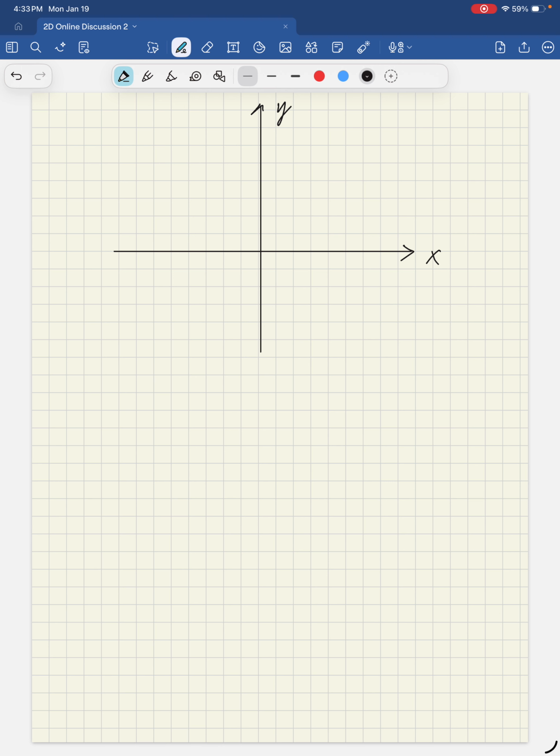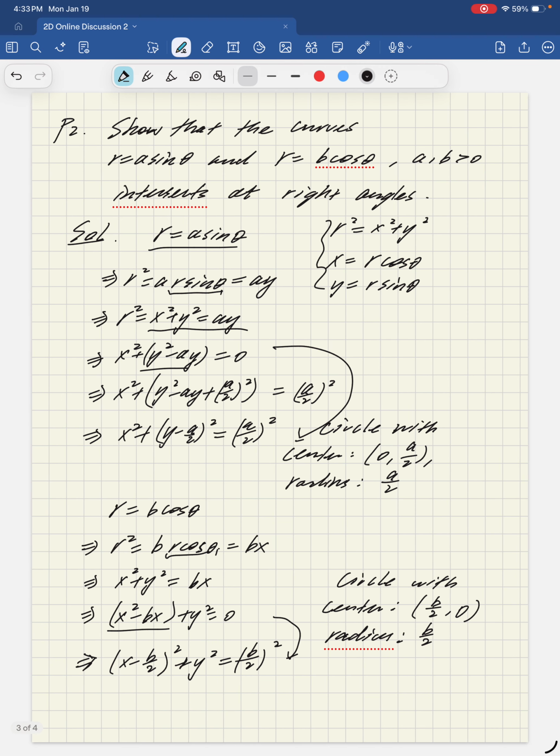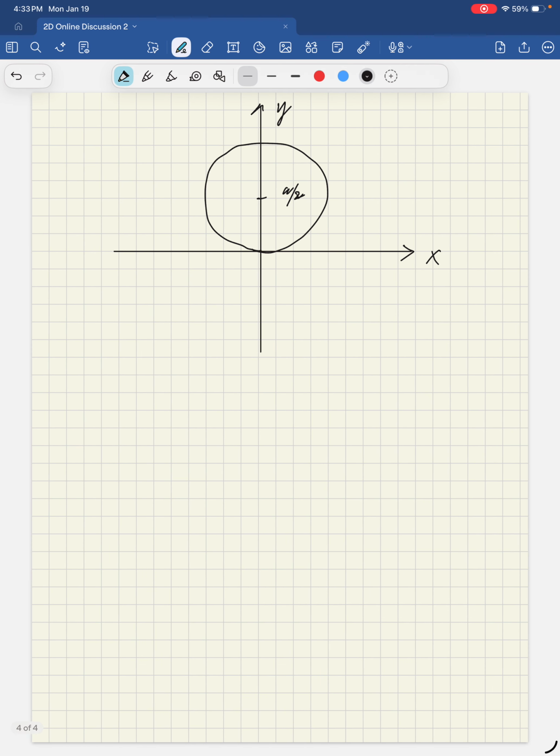So let's say this is a over 2. Then my center is equal to my radius, so this circle lives here. And we have another circle with center (b over 2, 0) and radius b over 2. Let's just say my b over 2 is here. Of course, a and b are arbitrary numbers, but just for visualization, we can set them to be these.